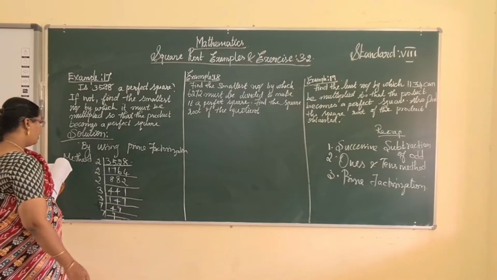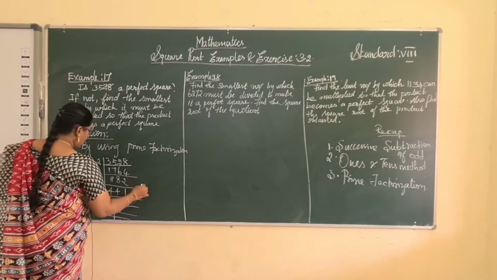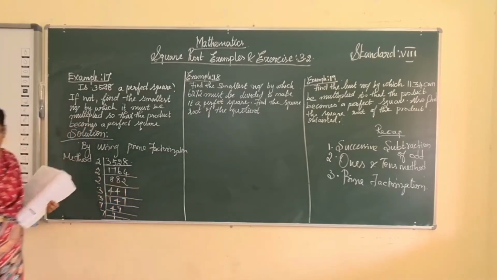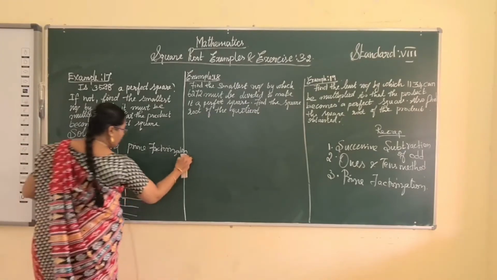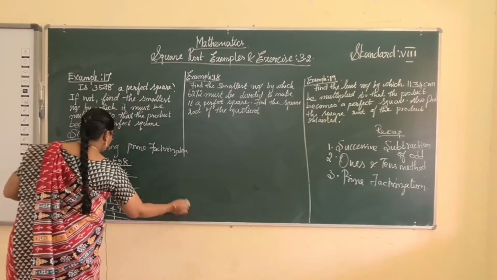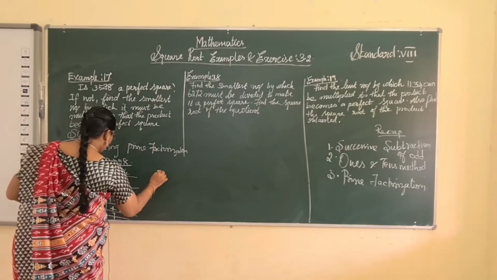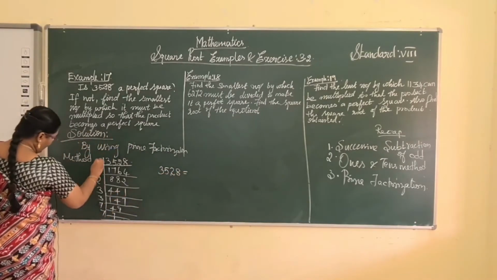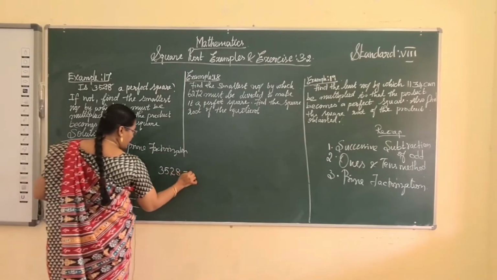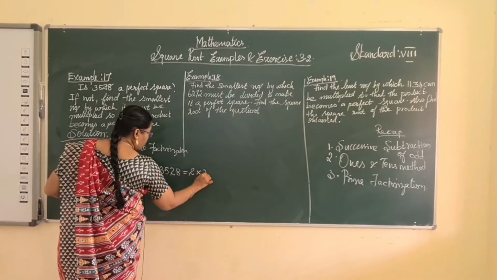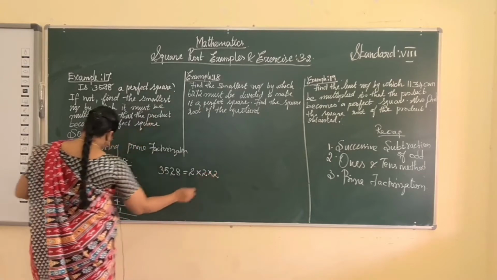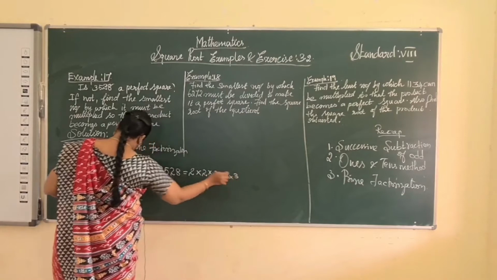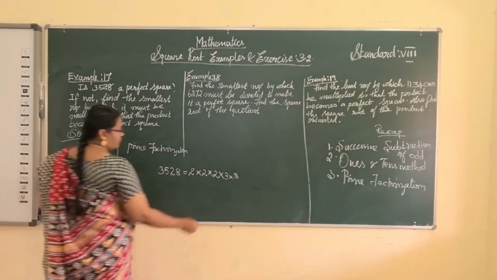Now write the prime factors. 3528 is equal to: how many times does 2 repeat here? 2 three times, 3 two times, and 7 two times.